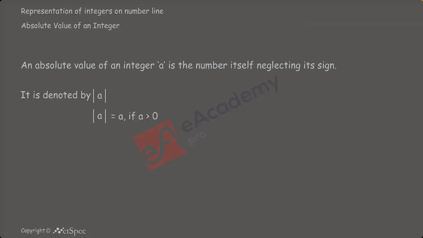So, the absolute value of an integer a is given by minus a if a is less than 0, and the absolute value of a is taken as 0 if a is equal to 0, because 0 is neither positive nor negative, so it does not carry any sign. So, even the modulus is going to neglect the sign, and it would remain 0.